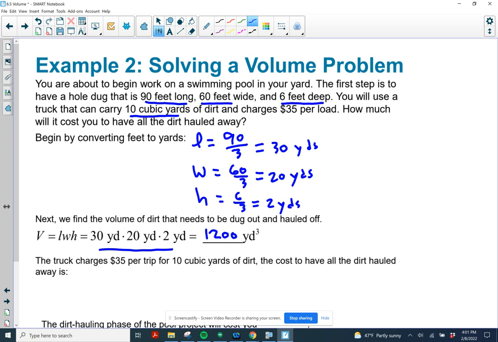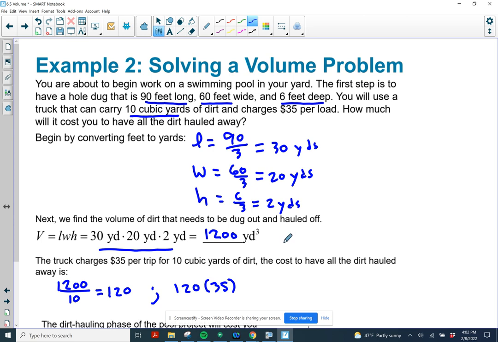Now, if the truck charges $35 for every 10 cubic yards, I need to figure out how many truckloads are going to have to be hauled away. It's going to be 1,200 divided by 10. That's a lot of truckloads. It's 120 truckloads. That's a lot. So 120 truckloads, and at $35 per truckload, so we'll do 120 times 35.